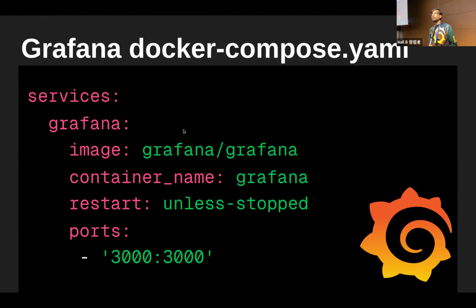Now, this is a very classic example, and this is a docker-compose.yaml file for Grafana. This is the most minimal YAML for Grafana which works. So if you run this YAML file, it will work.